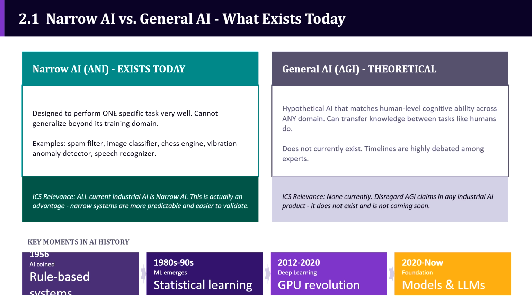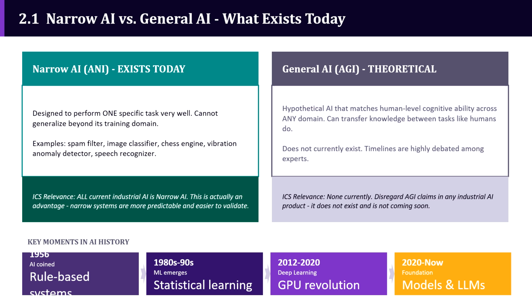Two reasons. First, it sets realistic expectations. When you're evaluating an artificial intelligence tool for predictive maintenance, you're evaluating a narrow, task-specific system. It needs to be trained on your data from your equipment in your operating conditions. It won't generalize from someone else's facility.